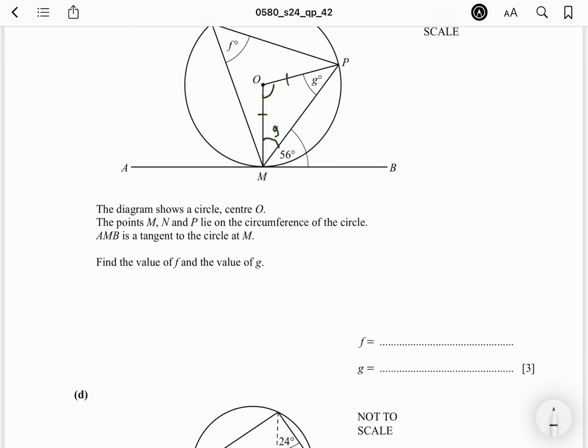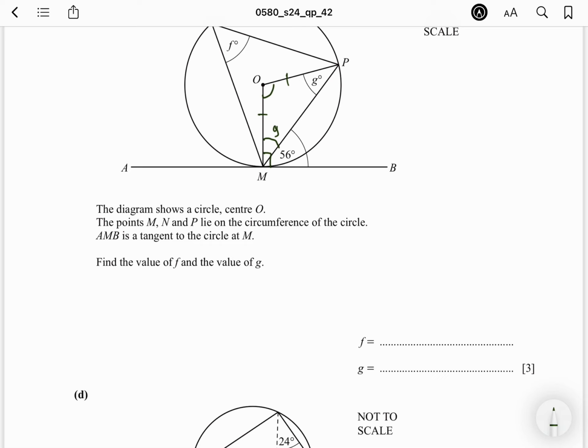How do you find, what else? What else do we see? We see tangent. Tangent meets radius at 90 degrees. Jangan miss 90 degrees. Tangent sama radius means 90 degrees.